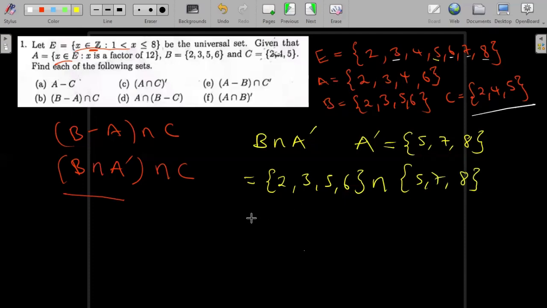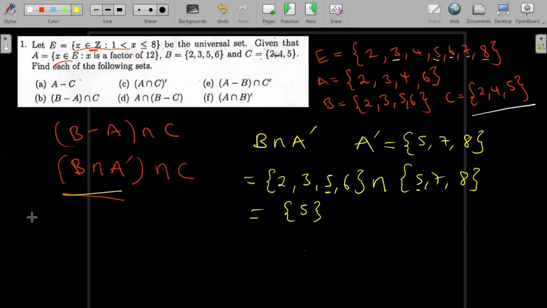Then from here, I check what elements are common in both sets. I see that only 5 is there in both. That's the only common element I have, so the set will just be 5. So this first part is just the set containing 5.